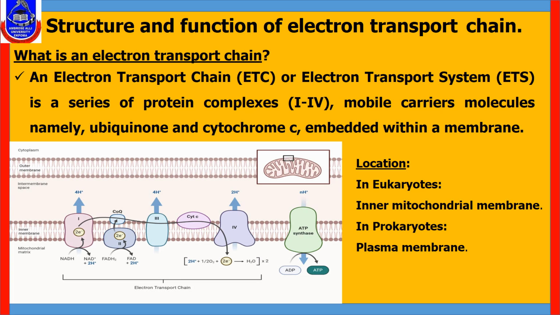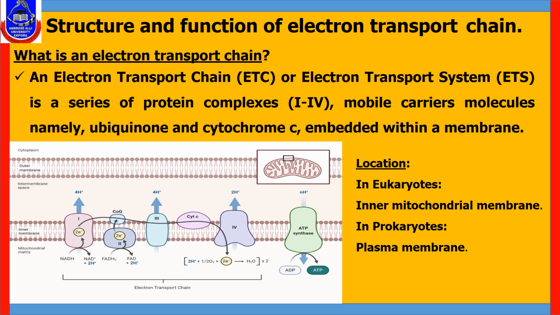But in summary, we can agree that electron transport chain or electron transport system is a series of protein complexes, that is complexes 1 to 4, mobile carrier molecules, namely ubiquinone and cytochrome C, embedded within a membrane.